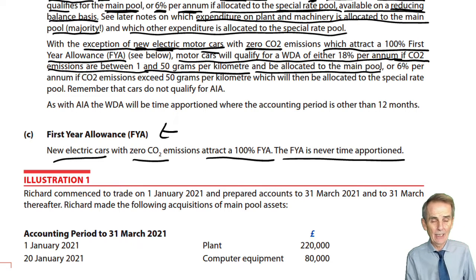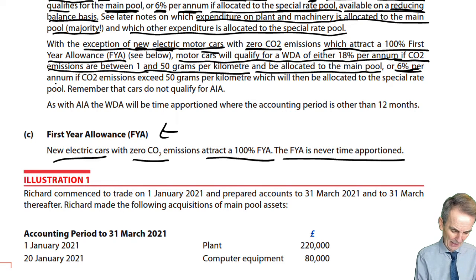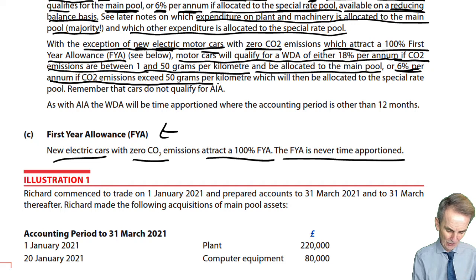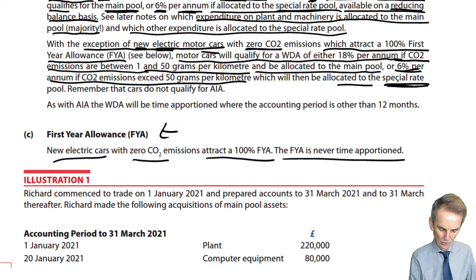Or, and you can guess what's coming up here, if we're talking about CO2 emissions in excess of 50 grams per kilometre, the dirtier cars, then what happens? It's only 6% per annum if those emissions exceed 50 grams per kilometre, and that therefore means that that expenditure will be allocated to this so-called special rate pool.